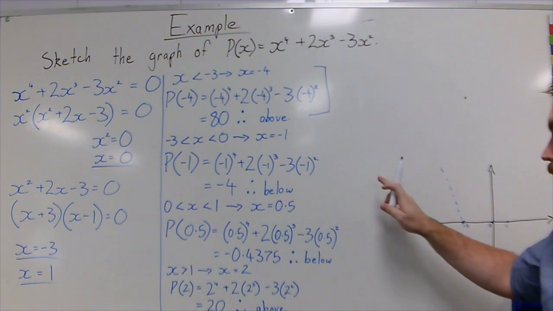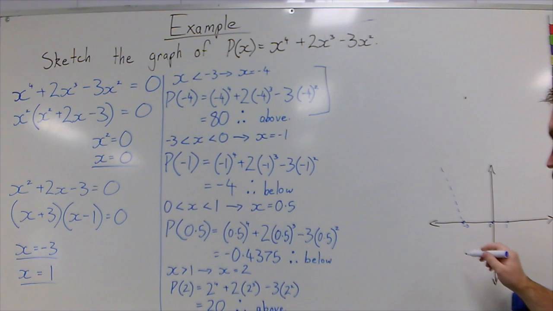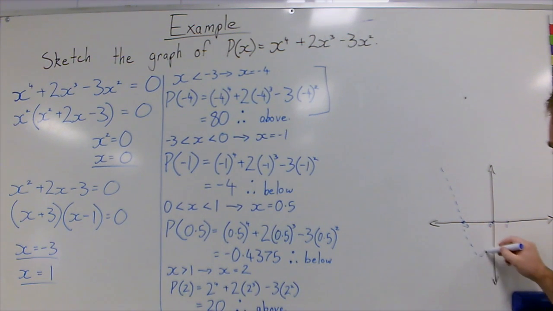Then between minus 3 and 0, I know that it's going to be below, but it needs to go back up and hit the x-axis. I then know that between 0 and 1, it's also going to be below. So it'll flow and then go back and hit there again.